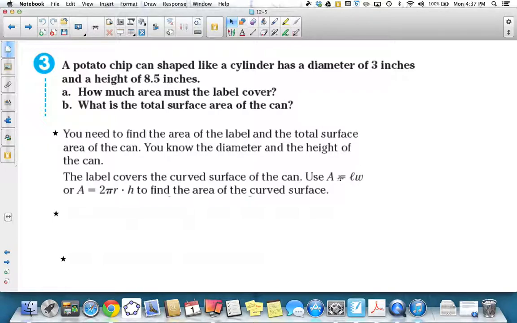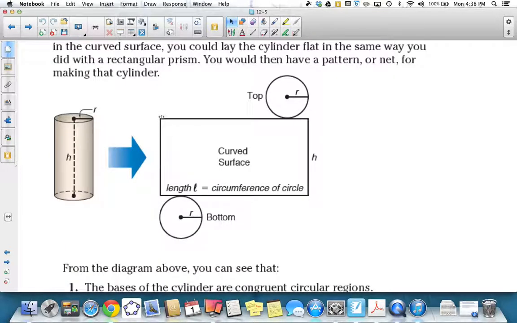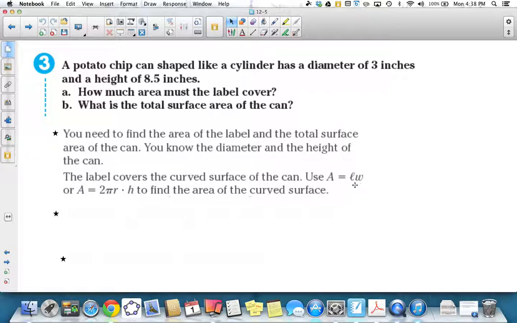Now, why are we using length times width for the curved surface of the can? Remember, in this figure right here, this is the curved surface of the can, which is also shaped like a rectangle. So in this case, we use length times width as a formula because we want to find the area of a rectangle. The area of this curved surface will be 2 pi r times h. Why?